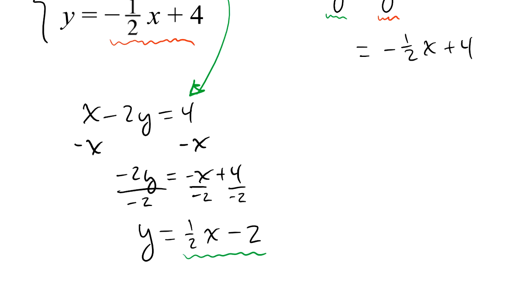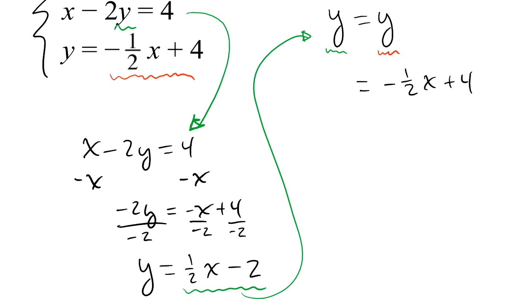And what I'm going to do is take this and replace the y in the statement y equals y, and I get the resulting equation. I have a positive 1/2 x minus 2 is equal to negative 1/2 x plus 4. You can solve this equation any way that you would like and verify that your value of x makes this equation true.